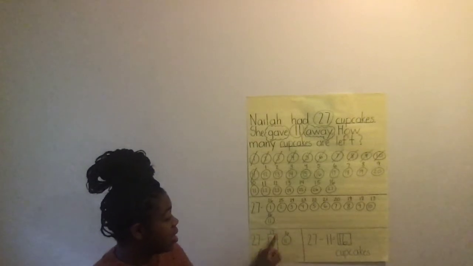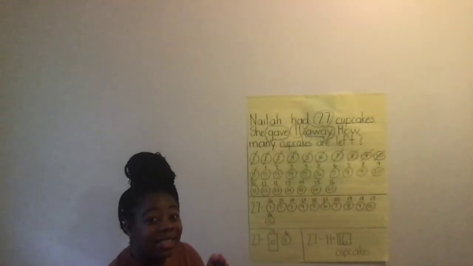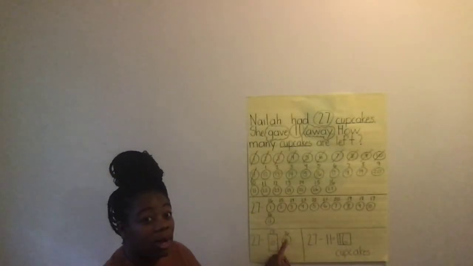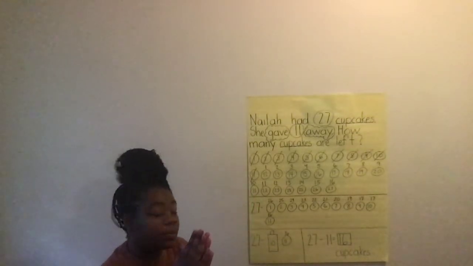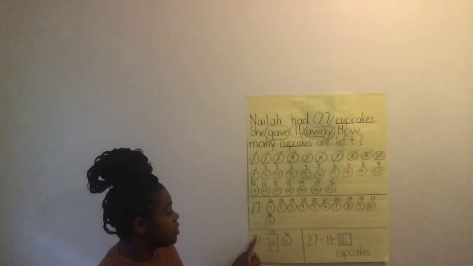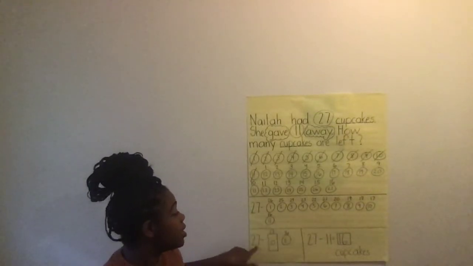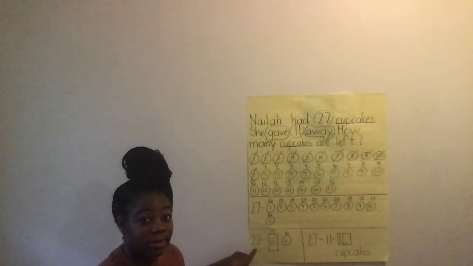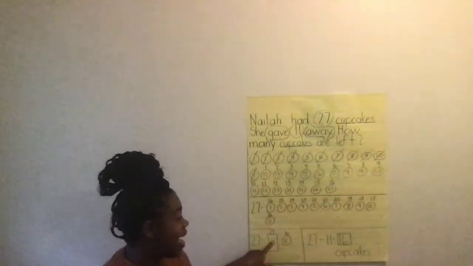Now I have 10, switch, 11. I switch because now I'm counting by ones. I go from counting by tens to counting by ones, and that's how I know I switch. Now I have 27, and I'm going to count back just like I did with this one, but this time I'm counting back by a non-decade number, which is 27. So I know that if I take a 10 away from 27, I get 17.